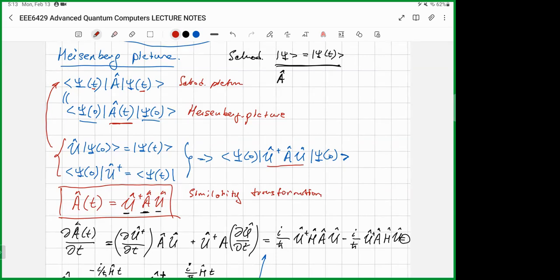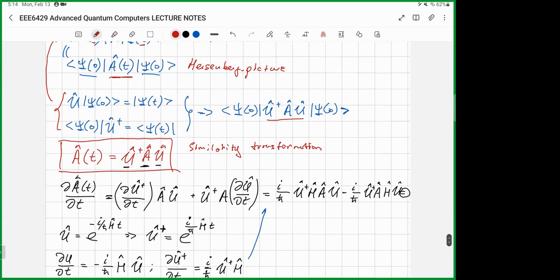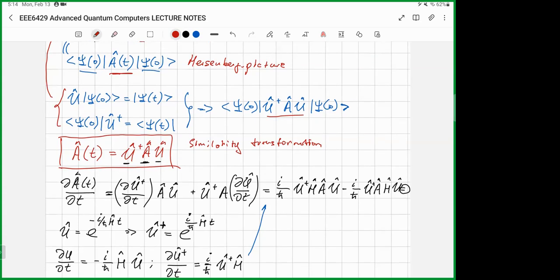In the Schrödinger picture, the operators don't depend on time, but using this similarity transformation through the time evolution operator, we can derive this new operator, which is dependent on time, and this is the so-called Heisenberg picture operator.